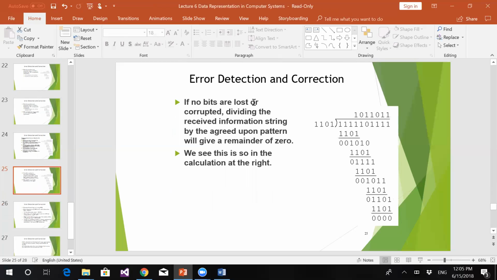If no bits are lost or corrupted, dividing the received information string should get 0. And that answers the third question, how the receiver checks whether the value is correct or not. And then for the first question, we consider the last 3 digits which were added being the error detection CRC bits.